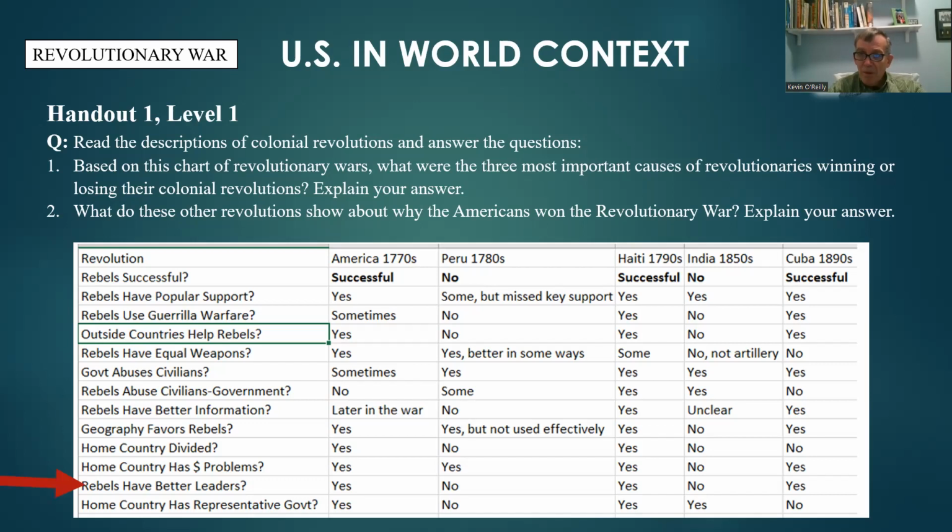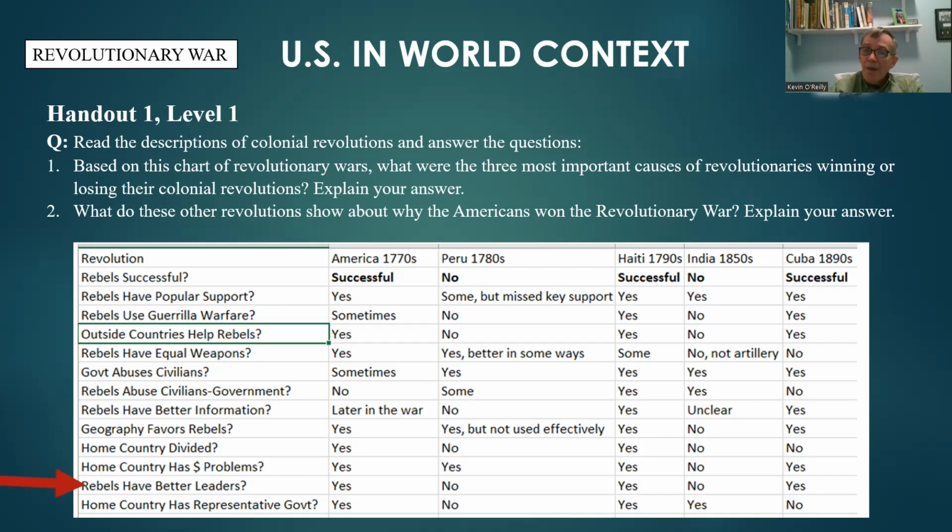So we know Americans had George Washington, who was a great leader in a lot of ways. It's complicated, but you can see that in each case. So Peru lost; they didn't have good leaders. Haiti won; they did have a couple of good leaders militarily. India lost and they didn't have good leaders, and Cuba and so on.